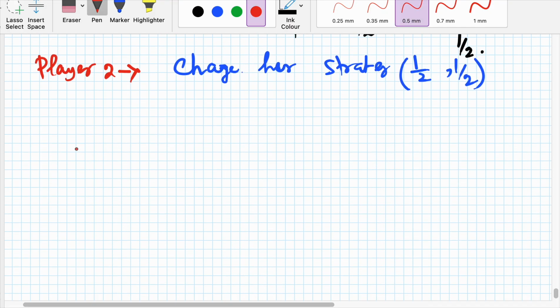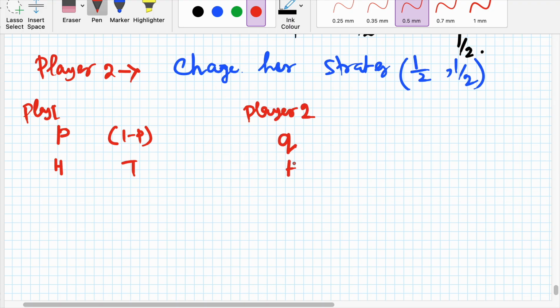Suppose that player 1 plays head with probability p and tail with probability 1 minus p, and similarly player 2 plays head with probability q and tail with probability 1 minus q.